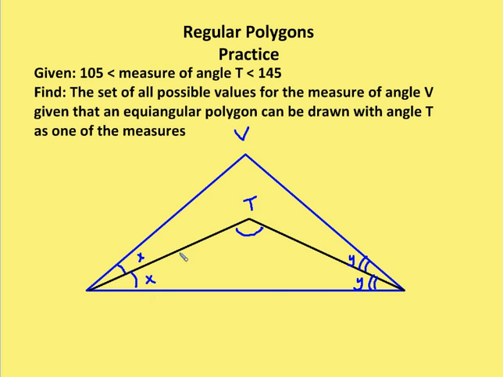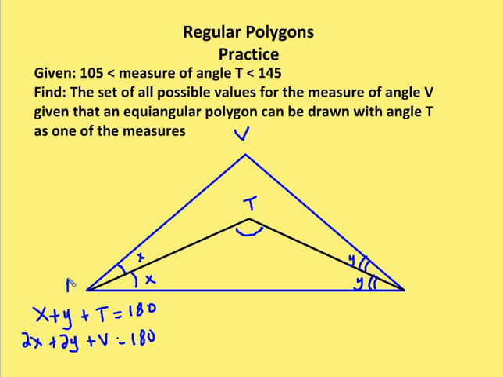And as part of the discussion, I think we forgot to talk about this, we figured out that we could say that x plus y plus t was equal to 180 degrees. And we also are going to say 2x plus 2y plus v is going to equal 180 degrees. So we're given a diagram as shown.